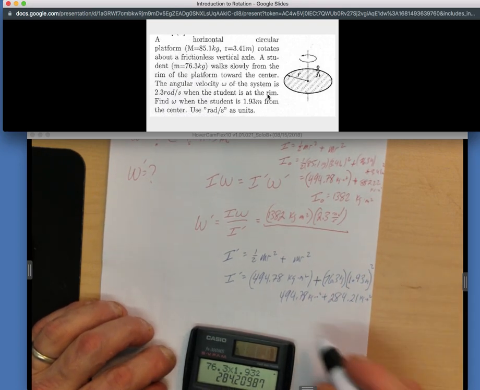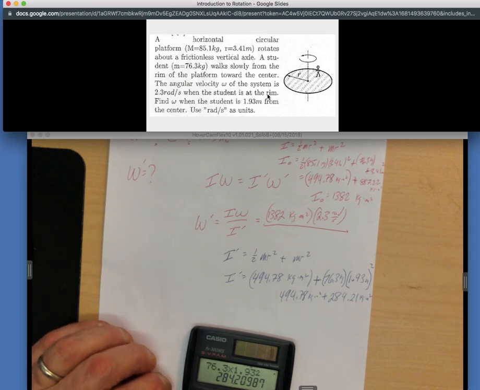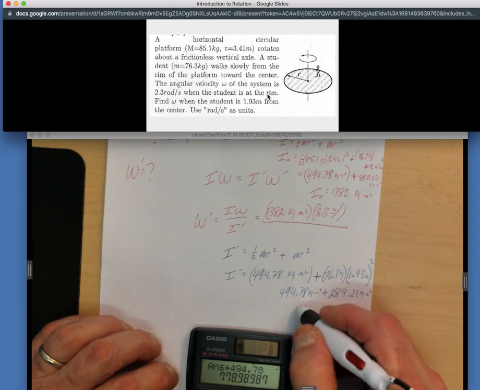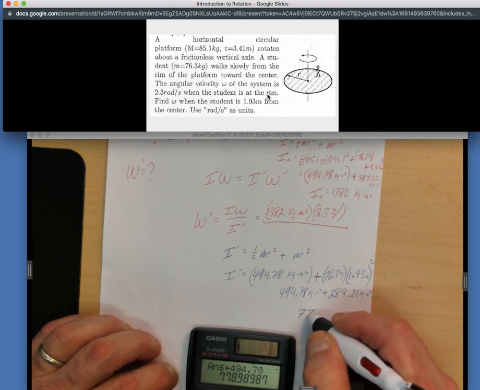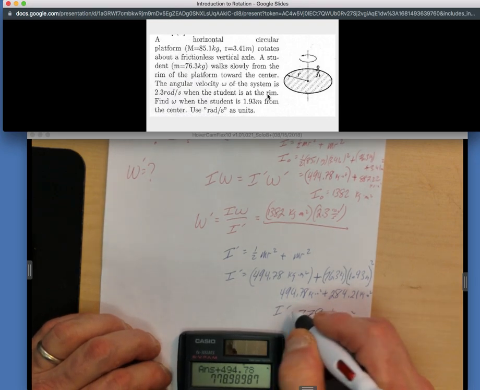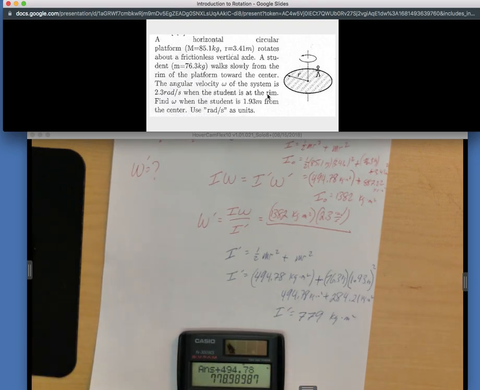Right? And so now the new moment of inertia is 284.2 plus 494.78. My new moment is 778.98. I think I'll go ahead and call that 779 kg times meters squared. There's my new I prime.